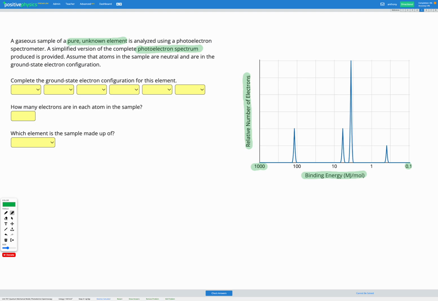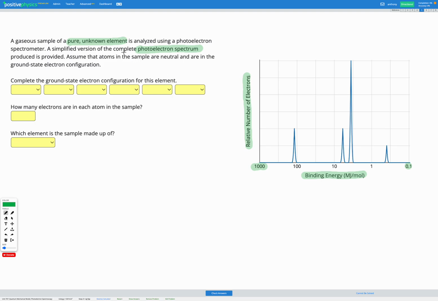Now, the subshells that are closest to the nucleus, such as the 1s and the 2s and the 2p, have the highest binding energy because they're most strongly attracted to the nucleus. So these peaks over on the left-hand side are going to represent our lower energy levels, and as we go to the right-hand side, they're going to represent our higher energy levels.